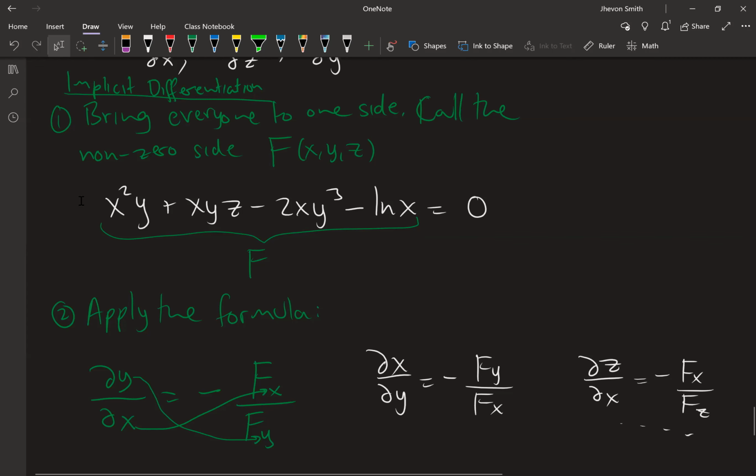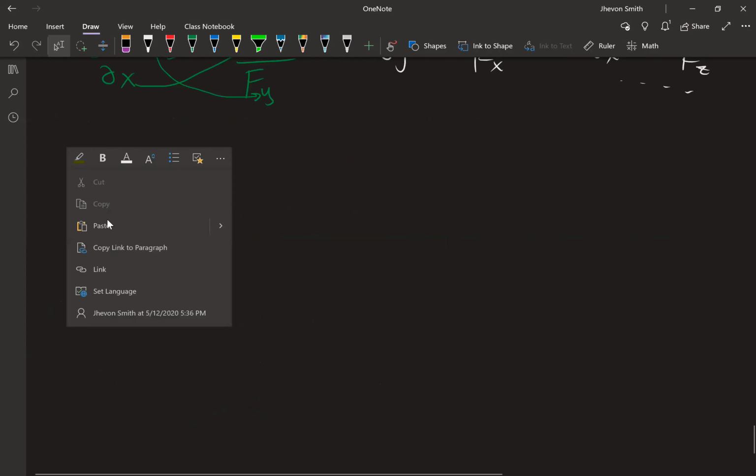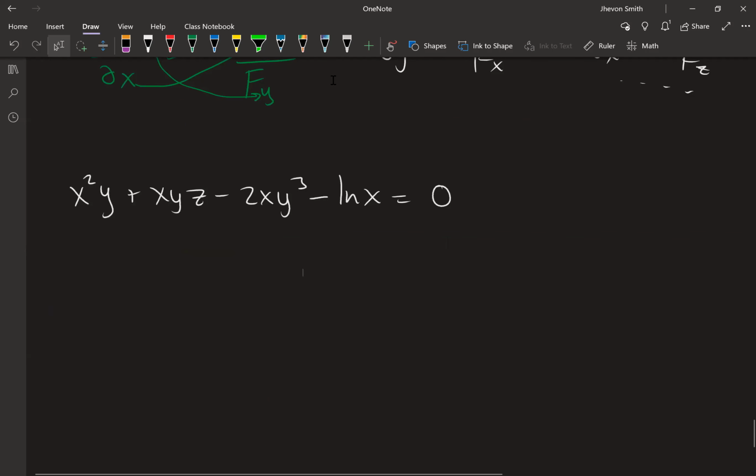So if I look at this one now, I can take a bunch of different derivatives in a really quick, efficient, effective way. So if someone were to ask me, what is the partial of x with respect to y? Well, that's going to be minus f sub y over f sub x.